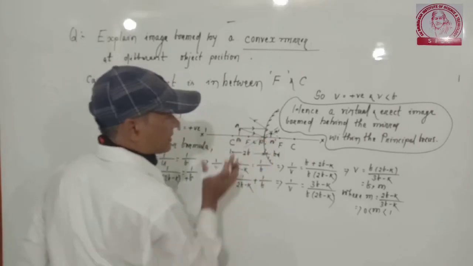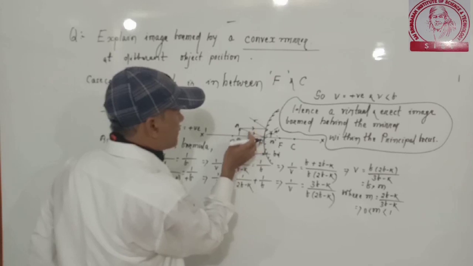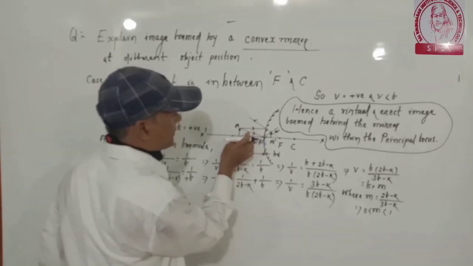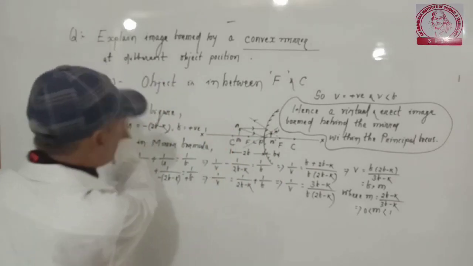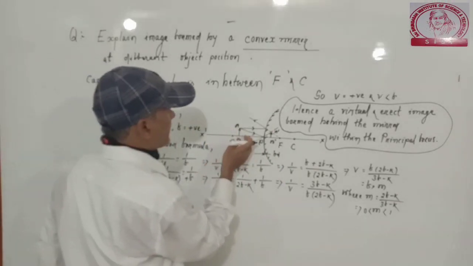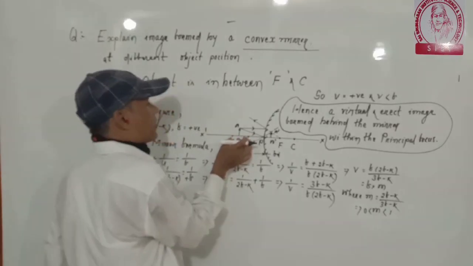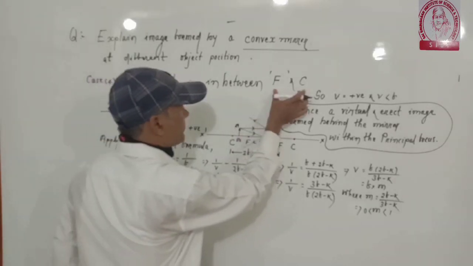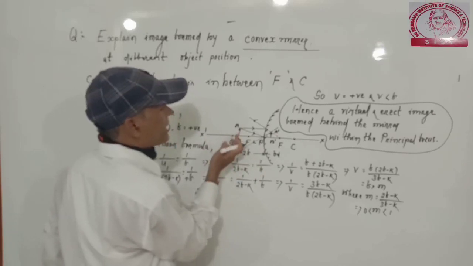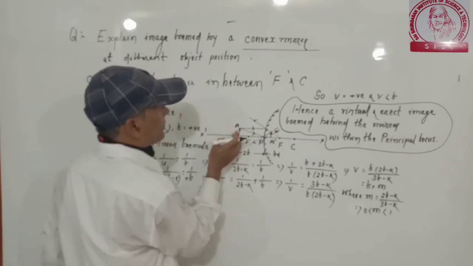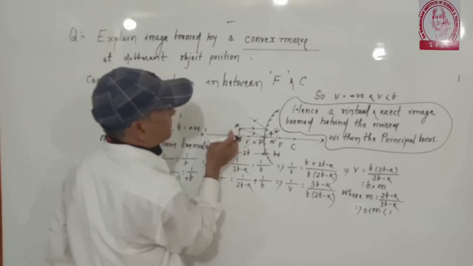In the second case, the object is placed at the principal focus. In the third case, the object is placed between the principal focus and the center of curvature. Now we have to shift the object to the center of curvature.